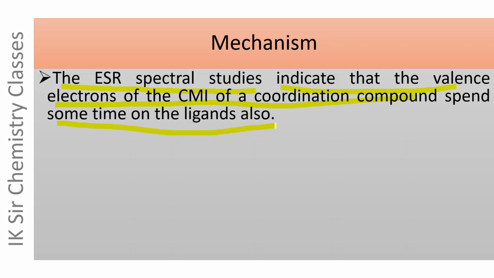It has been supported by hyperfine structure of ESR signal in the complex IrCl6 2- ion. The ESR signal of IrCl6 2- exhibits hyperfine structure, which has been explained by saying that the valence electrons of the central metal ion spend some time on ligands also.